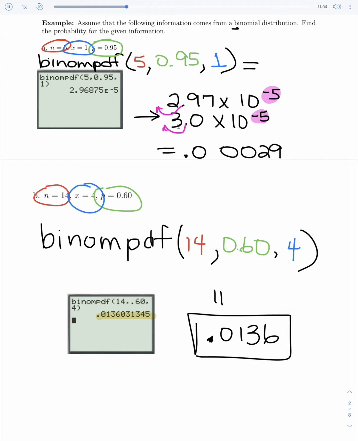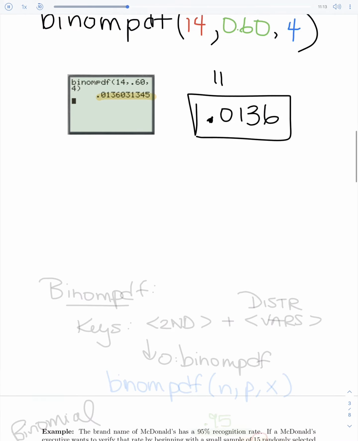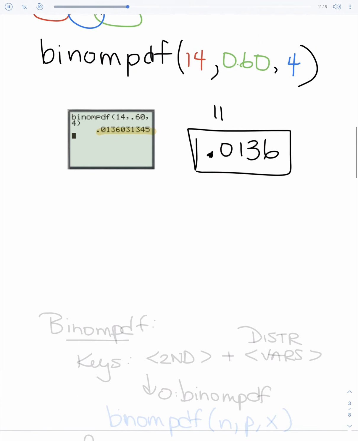So now, you are allowed 1 sheet of paper of handwritten notes, and you can write whatever you want on your 1 sheet of paper, as long as it's handwritten on 1 normal size piece of paper. What you may want to write on your sheet is how you are going to actually access the binomPDF.